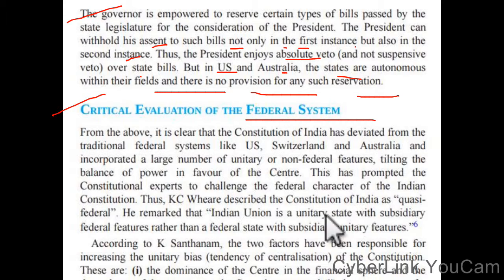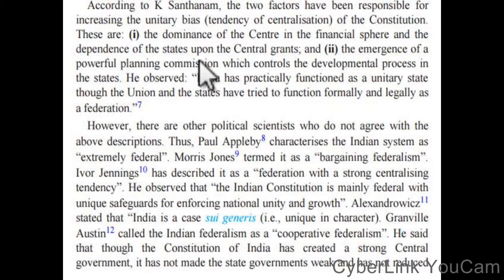Indian Constitution: quasi-federal. For this, Ivor Jennings says two factors have been responsible: the unitary bias, the tendency of centralization in the Constitution, the dominance of the center in the financial sphere and the dependence of the states upon central grants, and the emergence of a powerful Planning Commission which controls the development process of the states.